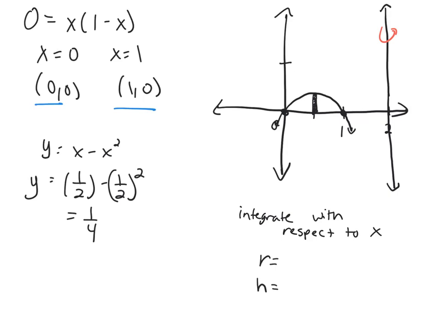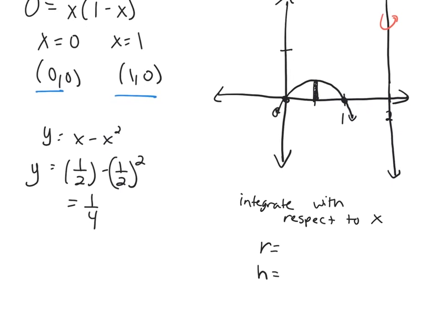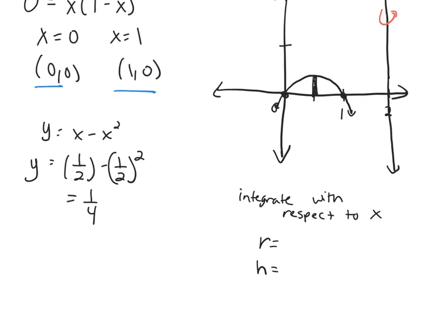Let's do h first because it's a little bit easier. The height of my strips comes from this parabola function. It comes from how tall the function is, which is y.